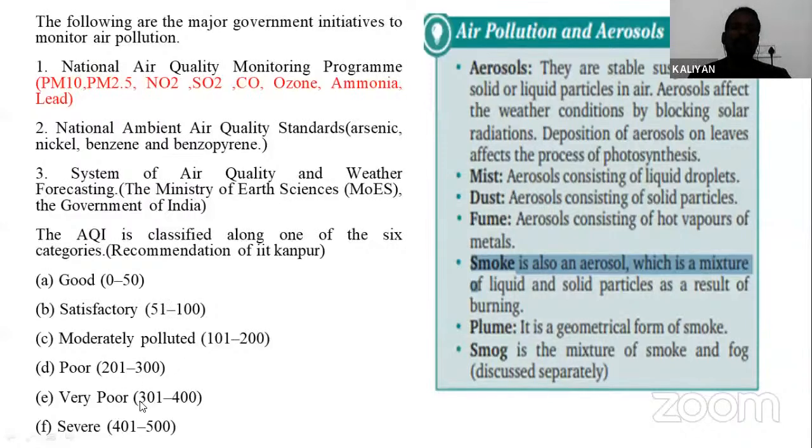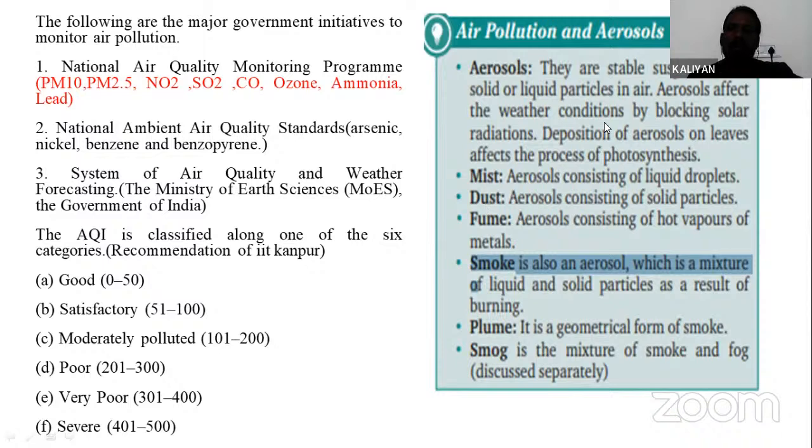Very poor is 301 to 400. Severe is 401 to 500. So these are the air quality index ranges. They will ask questions like, what is the air quality index for satisfactory, or for poor. This kind of question will come in this section.